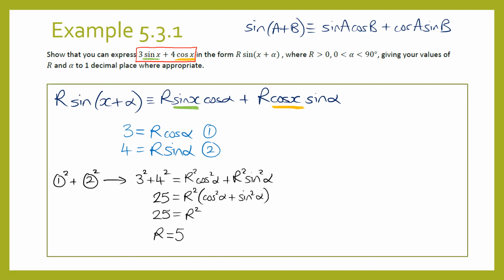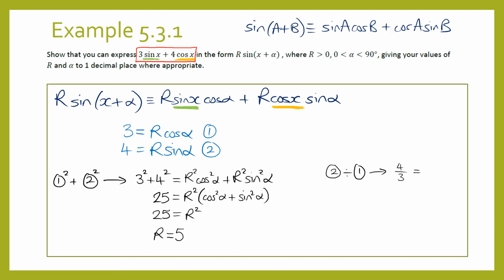Now that we've got r, we can work out alpha. Now you could substitute our r value back into either one of these original two equations. I recommend doing it a different way, just in case this value of r is wrong. So here's what I would recommend, an alternative. If we do equation 2 divided by equation 1, so do the left-hand side first, 4 divided by 3.